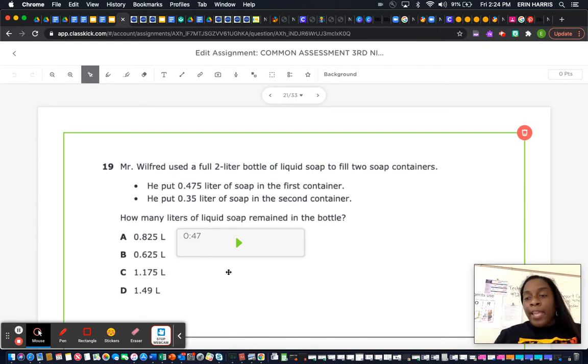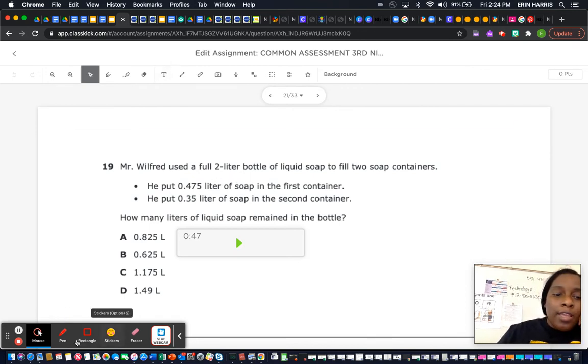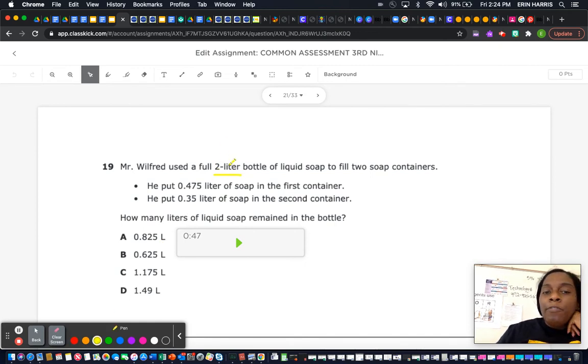Okay. So like I was explaining, you are going to see a problem that looks like this. This is a problem that was on our common assessment, and as you can see, it says 2 liters, right? Well, a lot of people forgot to convert this 2 liters to a decimal, 2 decimal 0 0.